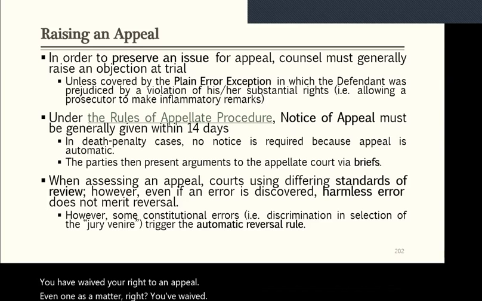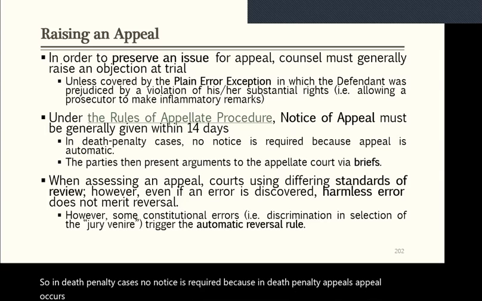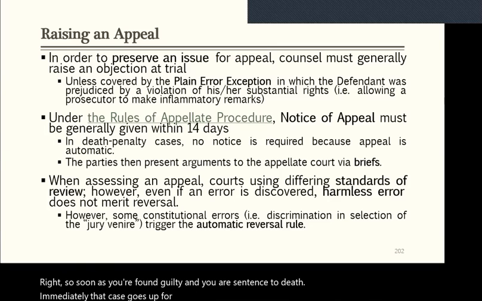Now, this is not necessarily true in death penalty cases. So in death penalty cases, no notice is required because in death penalty appeals, an appeal occurs automatically. All right, so as soon as you're found guilty and you are sentenced to death, immediately that case goes up for review, whether you want it to or not, right?